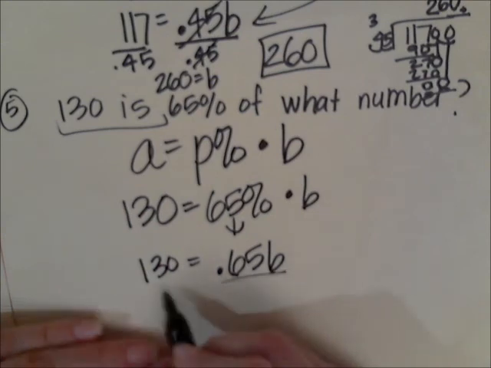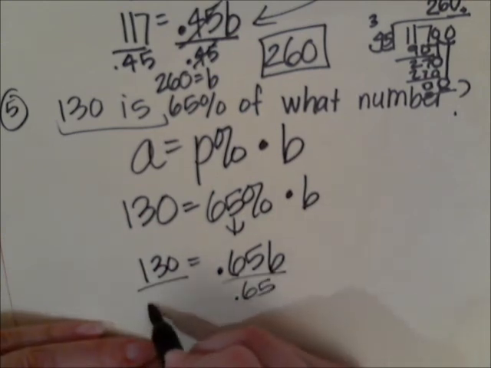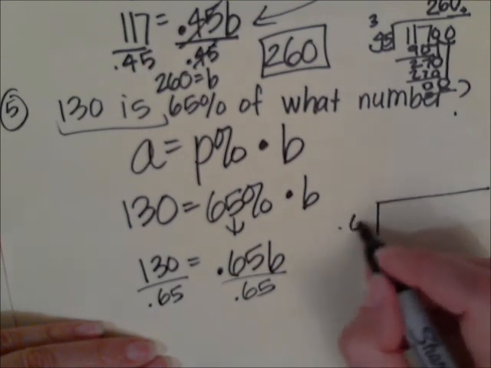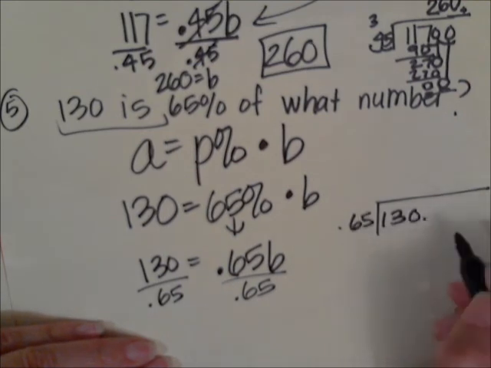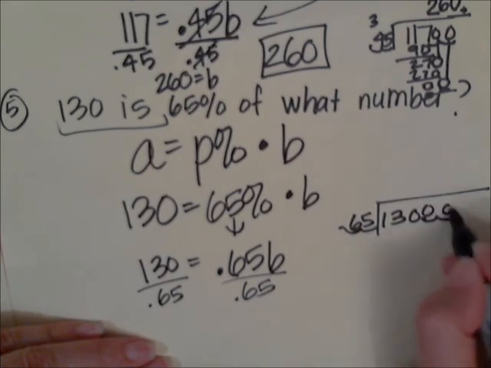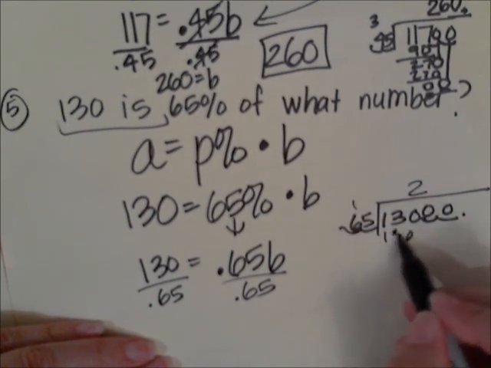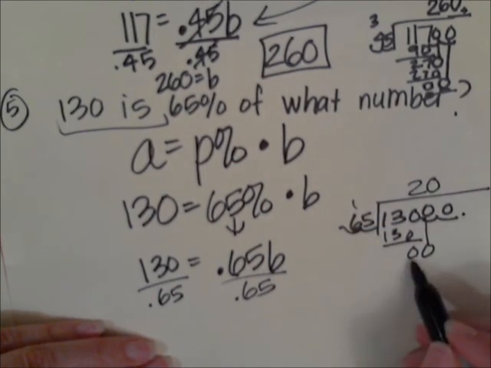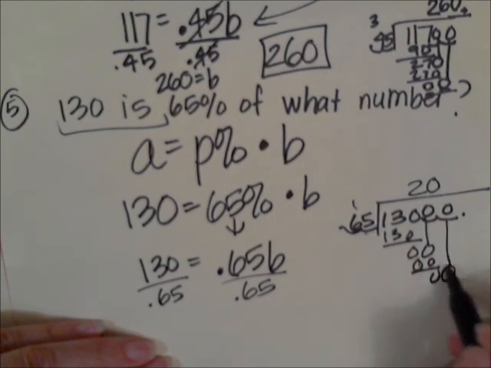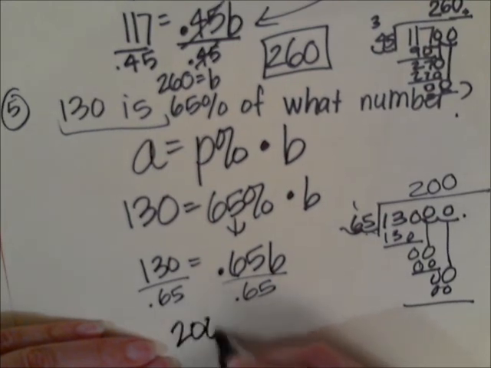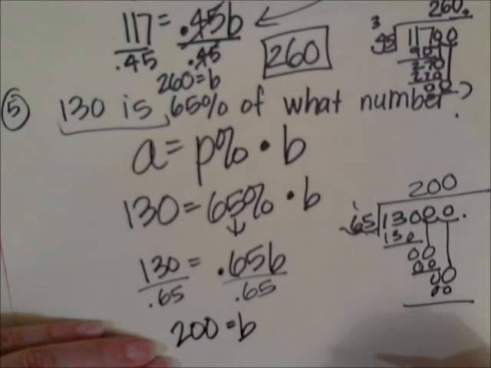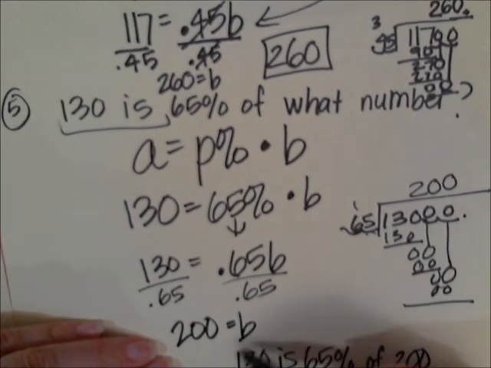Now I have to solve for B. Side work. 65 and a 130, I believe. Ooh, perfect, 2. The answer is 200.